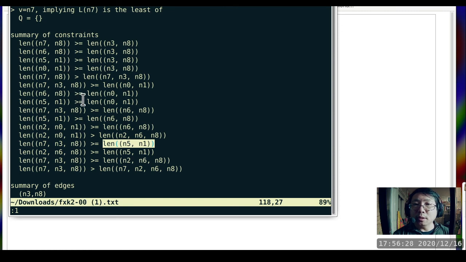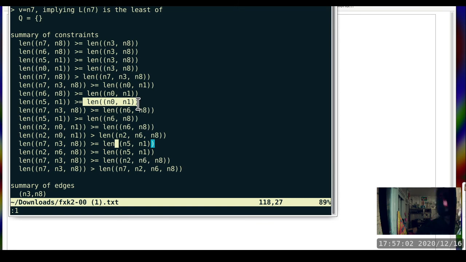So we see that it is also greater than or equal to the length of n0 and 1, and then n0 and 1 is greater than or equal to the length of n3 and 8. Now the question is, are there any further constraints for n0 and 1? Does it appear on the left-hand side? The answer is no, it does not. So we can determine this next. n0 and 1 has to be greater than or equal to the distance of n3 to n8.